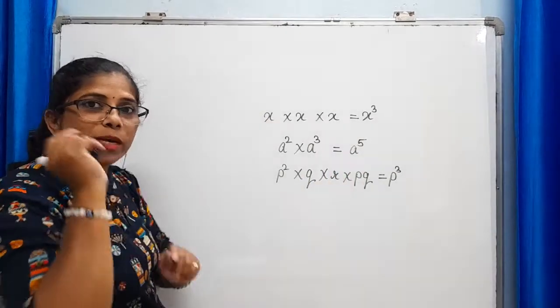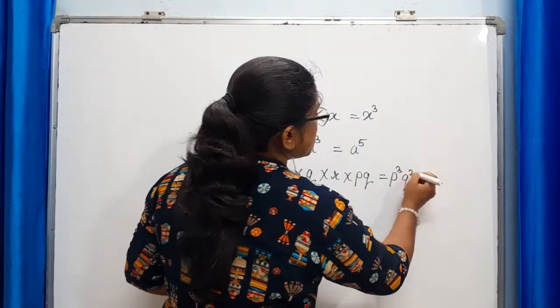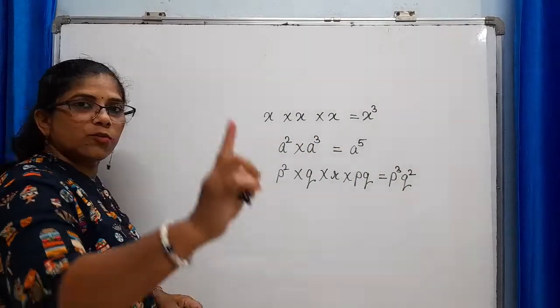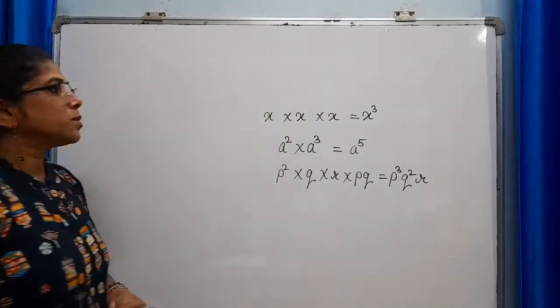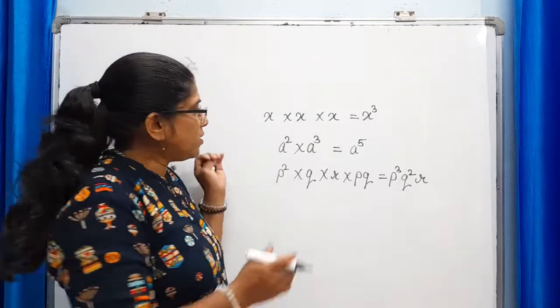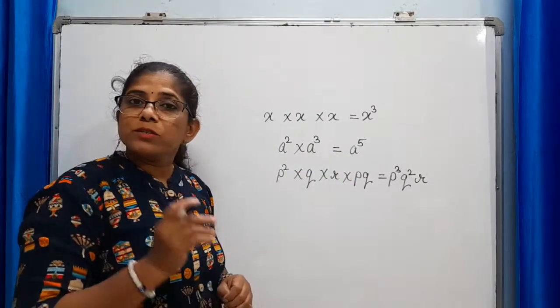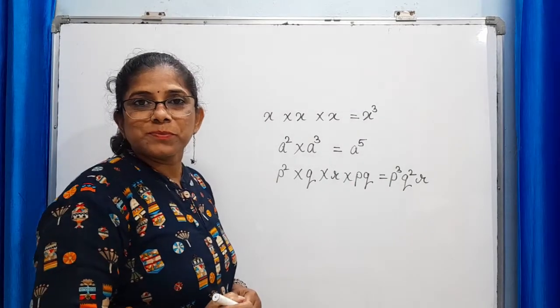So altogether how many times we have q here? 2 times. So q to the power of 2. And r we have only 1 time. That is r. So this knowledge is very important when we do the multiplication of our algebraic expression. So now let's start with the actual multiplication.